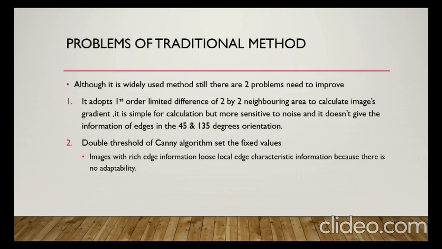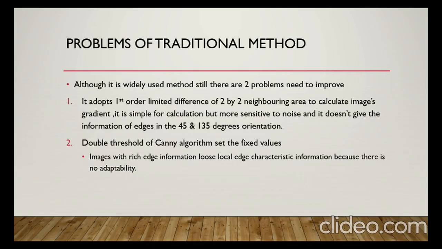Just assuming if an image contains a rich edge information, in that case, if we are using the fixed values, we are going to lose some of the information about the edges. So this is the second problem. To reduce this problem, we are going to keep on modifying these threshold values by using some of the gradients and magnitudes. Those points are discussed in the further slides, and those things are also discussed by my friend Haribabu.